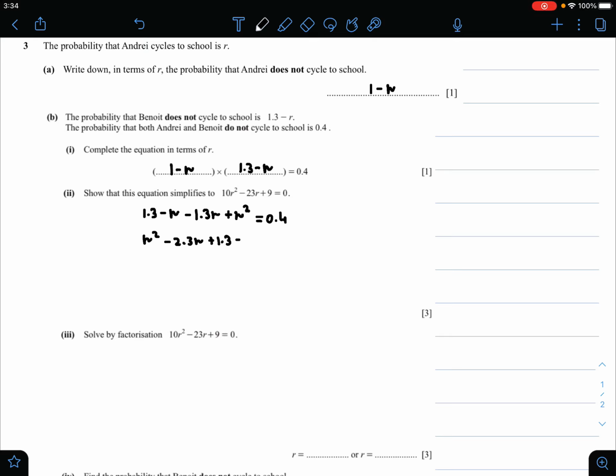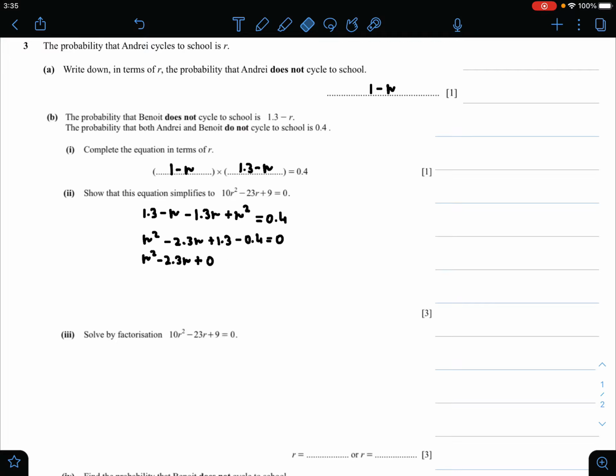Now let's simplify this. So that is R square minus 2.3 R, and 1.3 minus 0.4 is equal to positive 0.9, which is equal to 0.